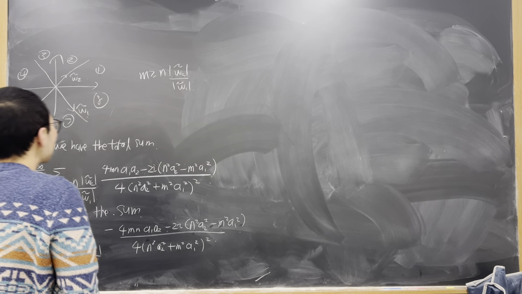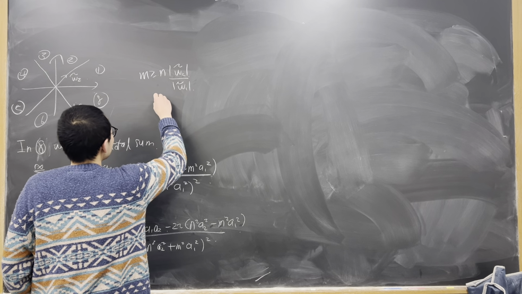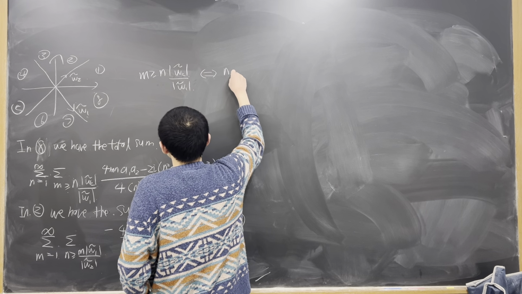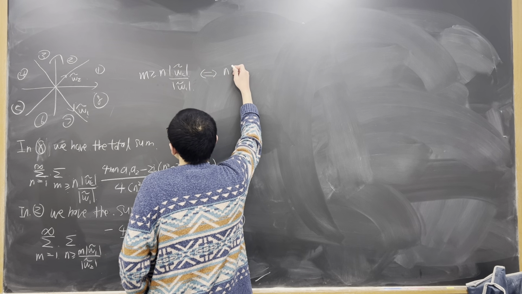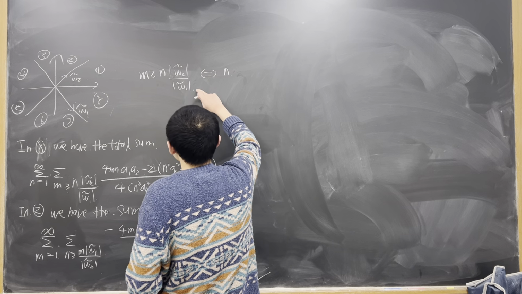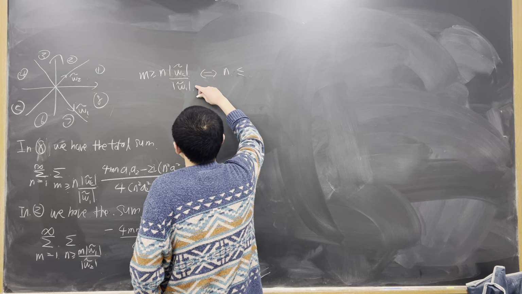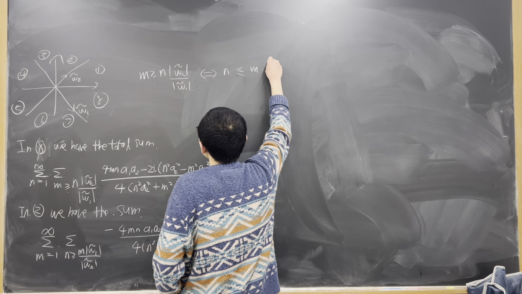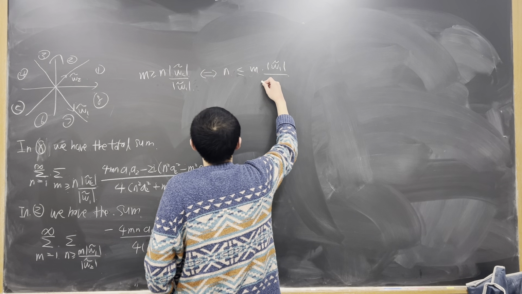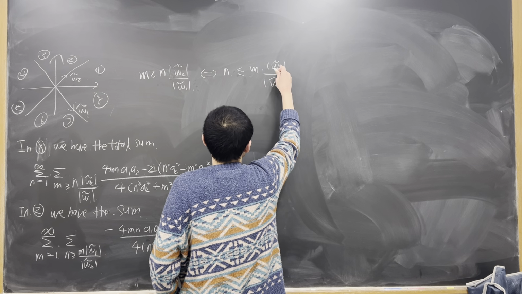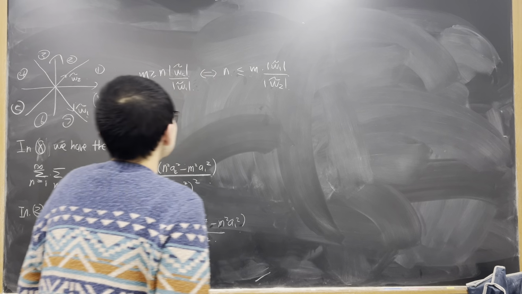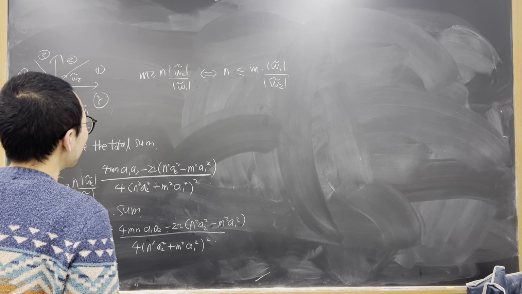So this is equivalent to saying that when we multiply by the inverse, n is bounded by m times modulus of omega 1 tilde over modulus of omega 2 tilde.